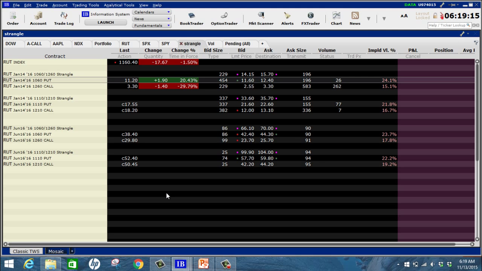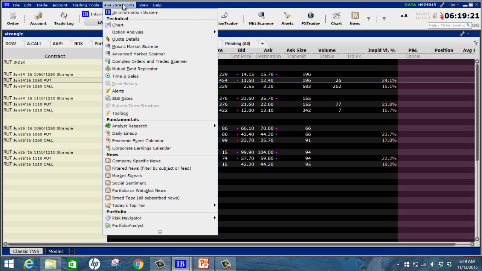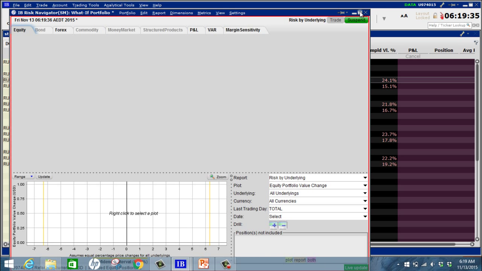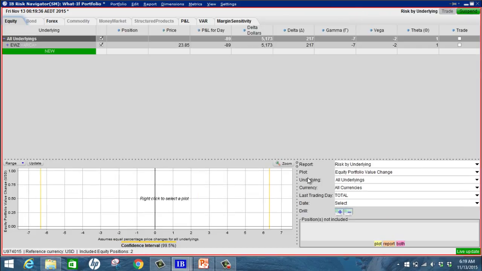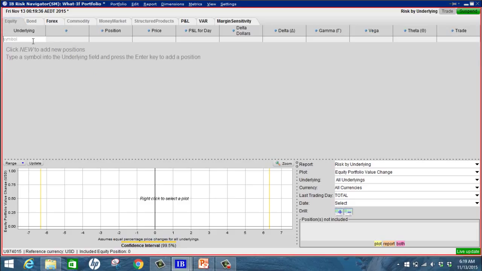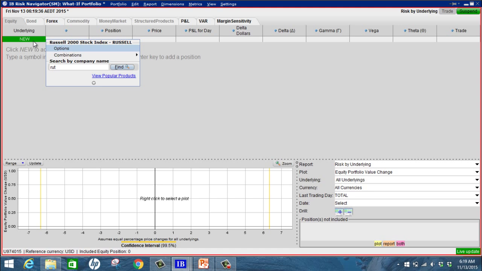The next thing I like to do is to analyze the trades. We had a little brief preview of the risk profile when we were entering the trade, but if we go to Analytical Tools and Risk Navigator, we'll open a what if portfolio. Alright. And we'll go and enter our trades that we were looking at.